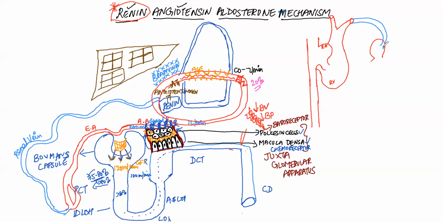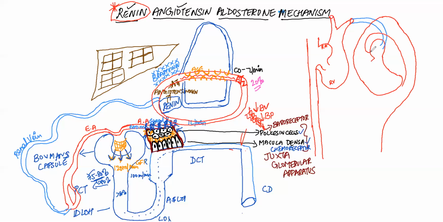Then you continue drawing your left ventricle. From the left ventricle, what comes out? Your systemic aorta. So this is your systemic aorta.